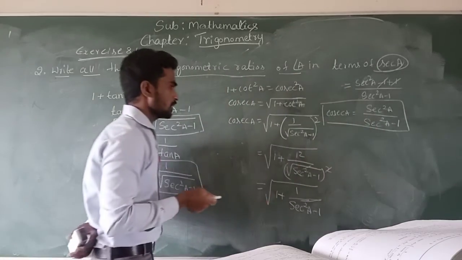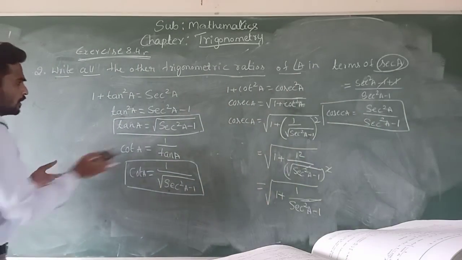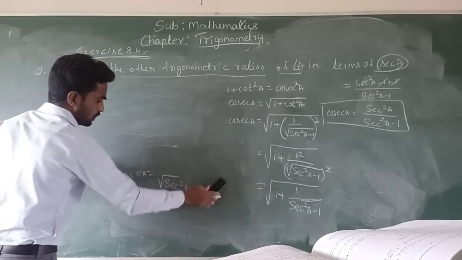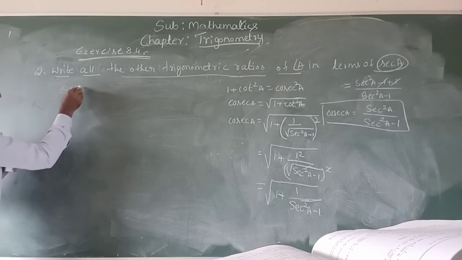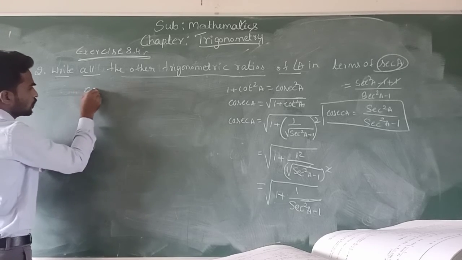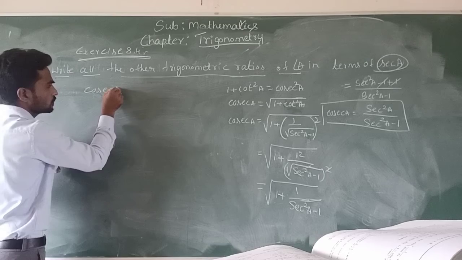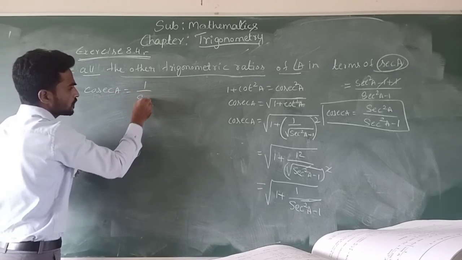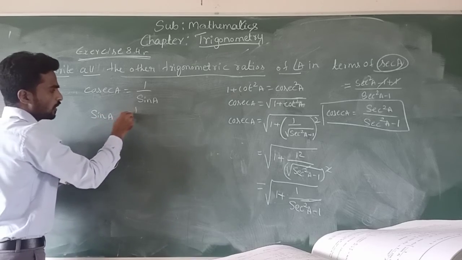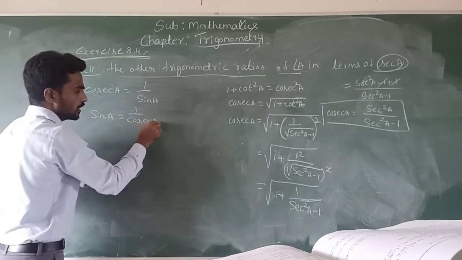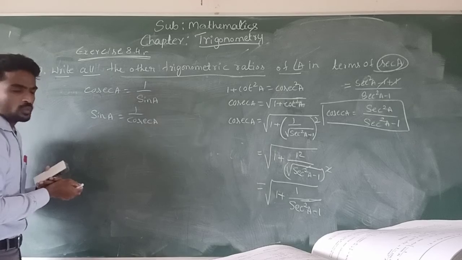Now we already know that 1 divided by cosecant A is equal to sin A. Then sin A is equal to 1 divided by cosec A. Both are reciprocal to each other.